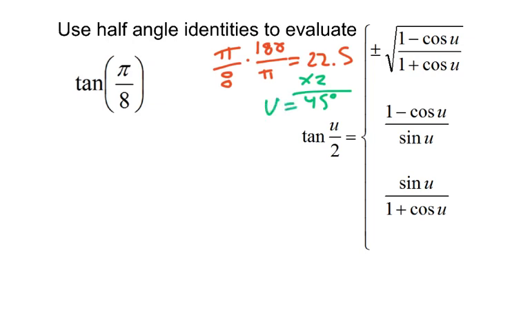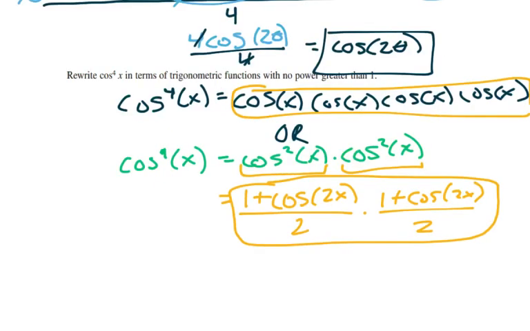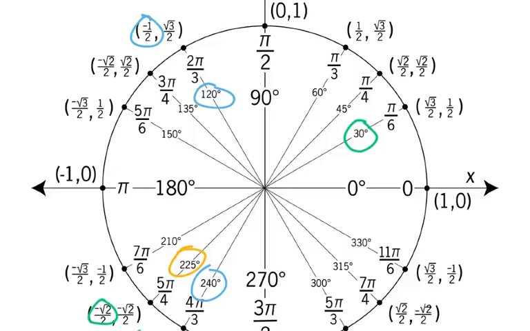So u is 45, and we can pick any of these half angle forms for tangent. I don't necessarily want the square root one, so I'll just pick this one over here. And so our answer is going to be 1 minus cosine of 45 over sine of 45. On the unit circle, cosine and sine of 45 degrees is square root of 2 over 2.